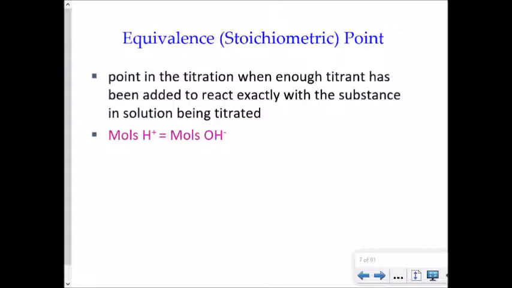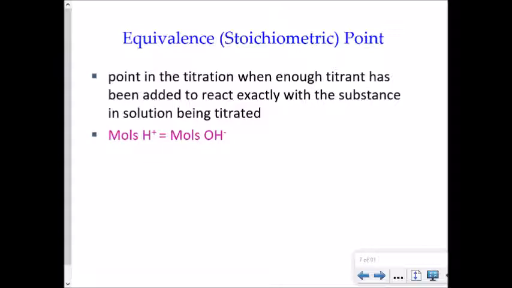If you pick a good indicator, your endpoint should be at your equivalence point. If you pick the wrong indicator, though, the endpoint may not be at the equivalence point of your reaction. So you add enough to where the moles equal the moles. That's the important part if you're reaching that equivalence point.